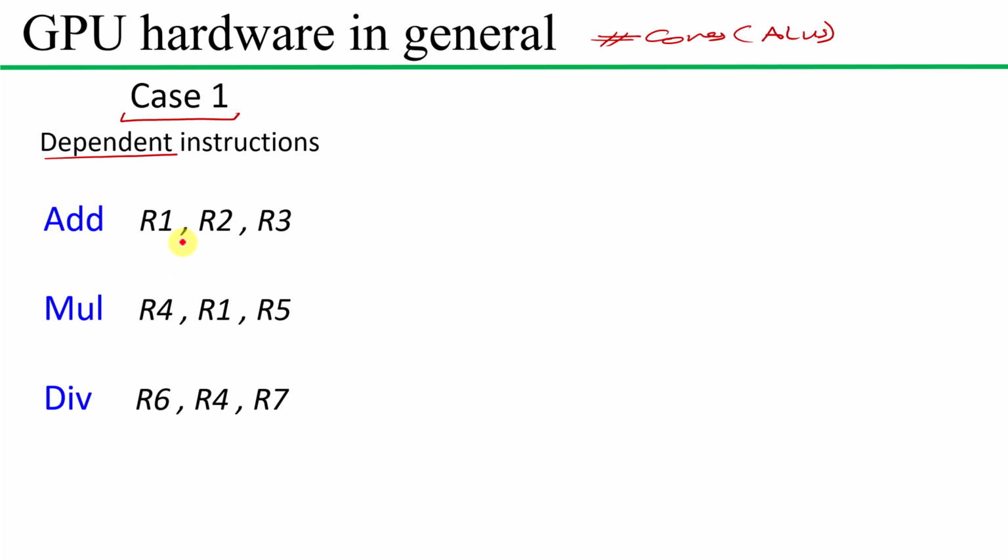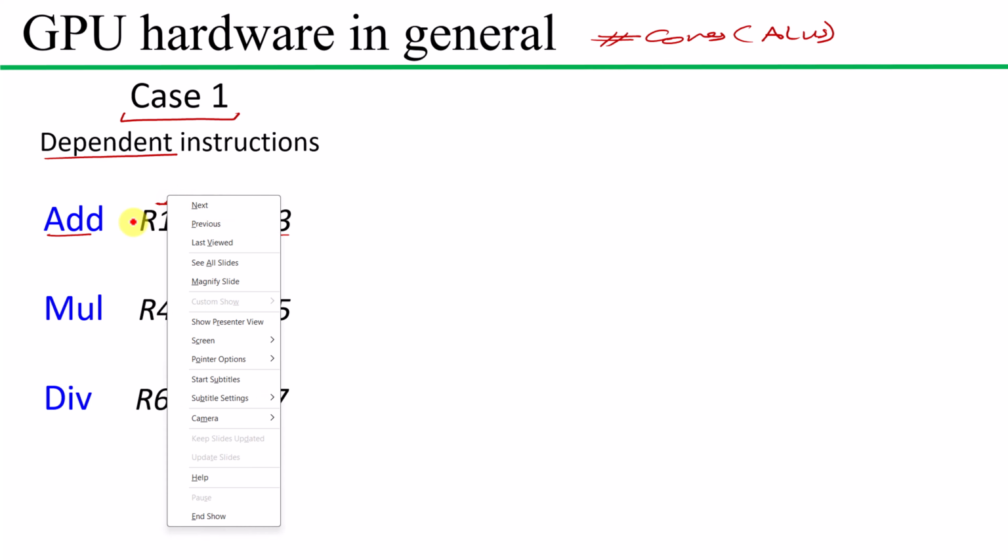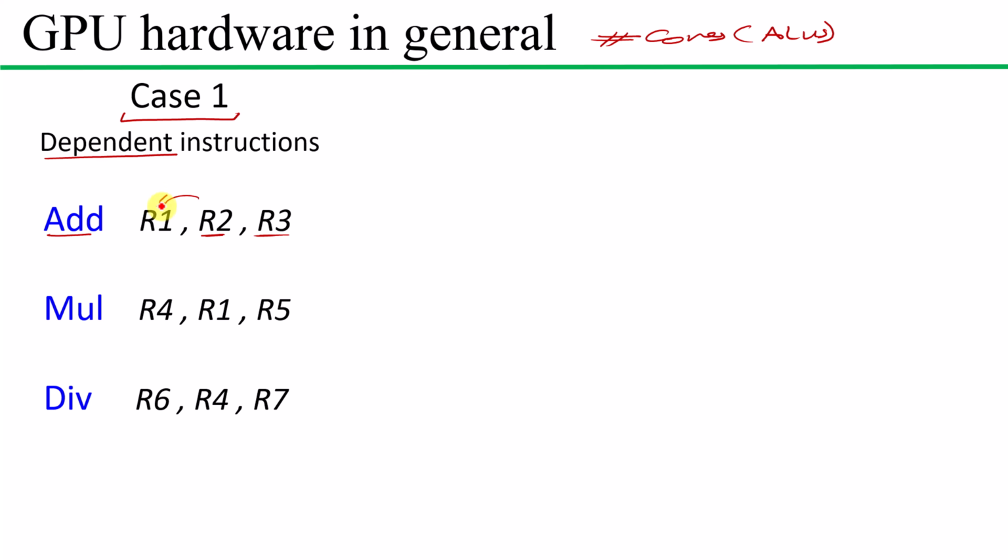Specifically, our initial instruction takes the values from register R2 and R3, adds them together, and stores the result in R1. Next, we multiply the value in R1 with R5, storing the outcome in R4. Now, a crucial point to note here is the interdependency of these instructions.